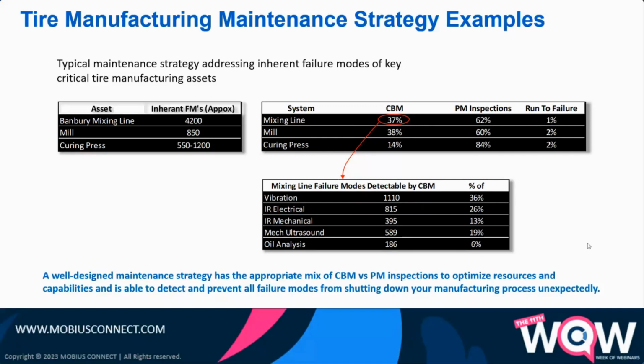So a well-designed maintenance strategy has the appropriate mix of condition monitoring and preventive maintenance inspections, and it's there to optimize resources and capabilities, and to detect and prevent failure modes from shutting down your manufacturing process, right? That's what we're after, right? Okay, next slide.